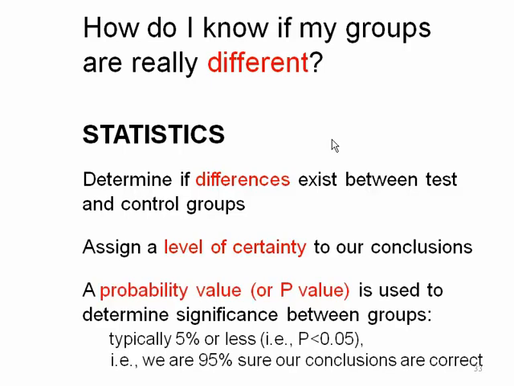In statistics, you'll see reference to a probability value or p-value, and that will determine the extent to which you can conclude that there's a difference between the treatment and the control groups based on the experimental application. Typically, scientists will assign a 5% or 0.05 level of significance.